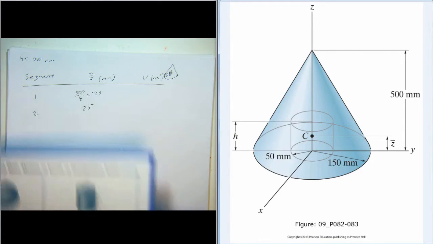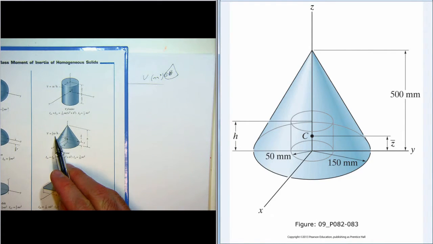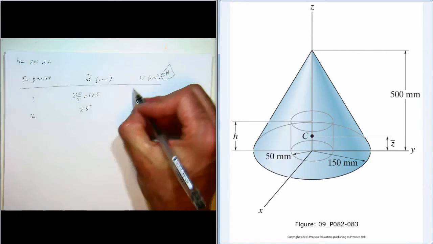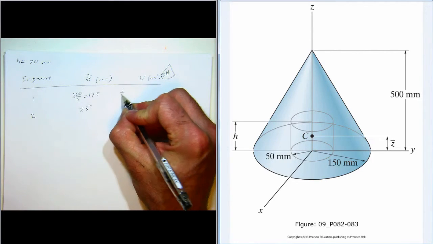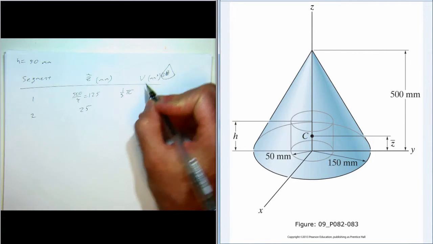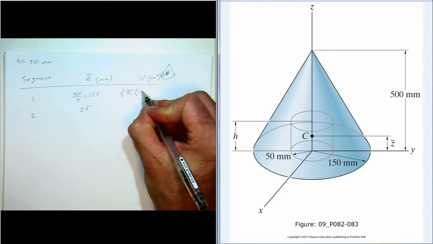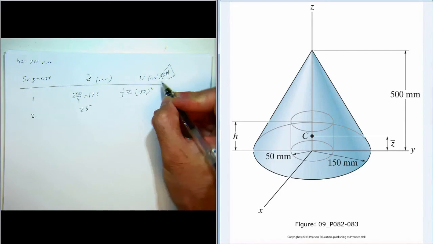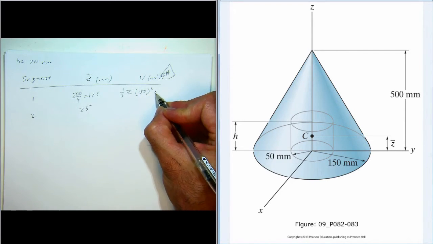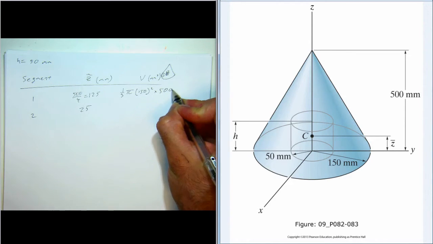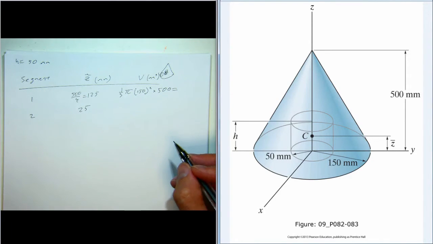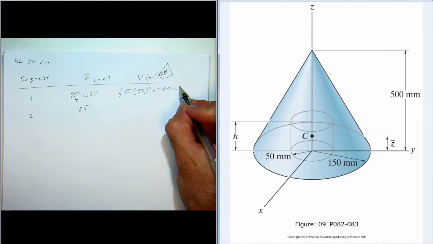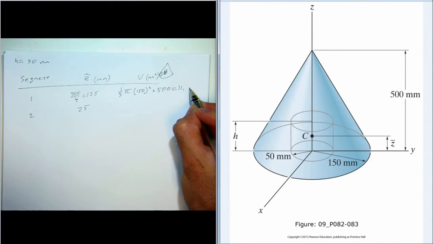And then the volume of a cone is 1/3 pi r squared times h, and that volume is 11.781 times 10 to the 6th.